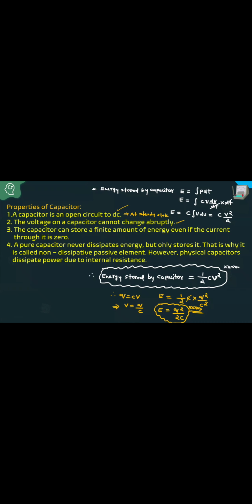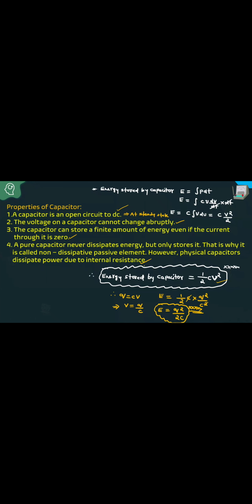A capacitor can store a finite amount of energy even if the current through it is zero, because it stores the energy in the form of an electric field, not a magnetic field. A pure capacitor never dissipates energy, but only stores it. That is why it is called a non-dissipative passive element.